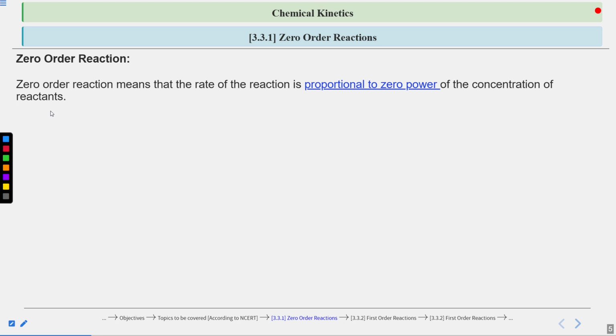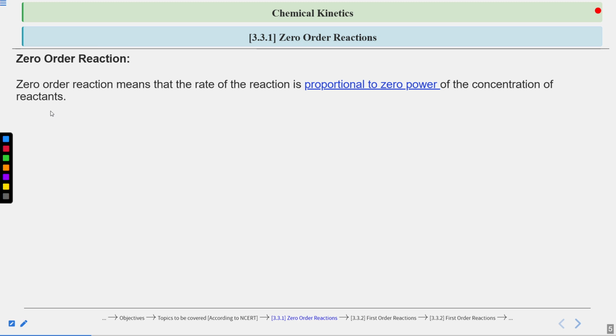Until now, we have covered the rate law, the rate of reactions, the rate expression, the order of the reactions, the unit of rate constant, how you can derive that, and the factors that affect the rate of the reaction. These are all major topics that we have covered. Today the first type of order of reaction which we are going to study is zero order reaction.